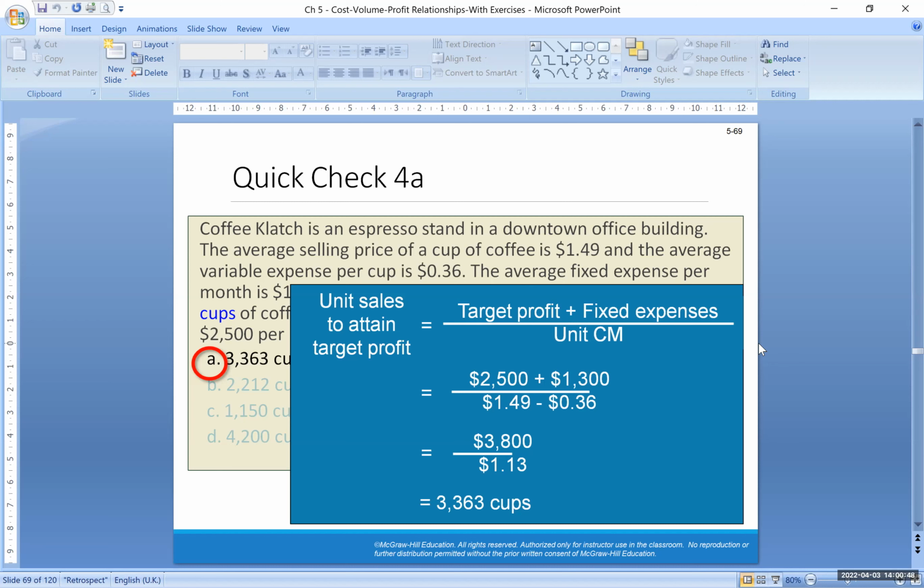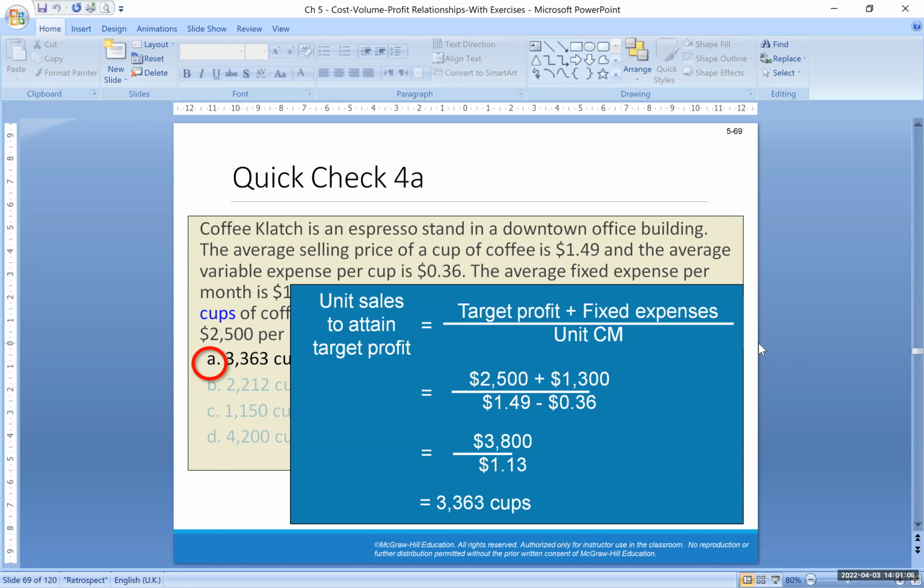The formula, unit sales to attain the target profit, and remember that we are calculating in units or cups, is equal to target profit plus the fixed expenses, all divided by the unit contribution margin.